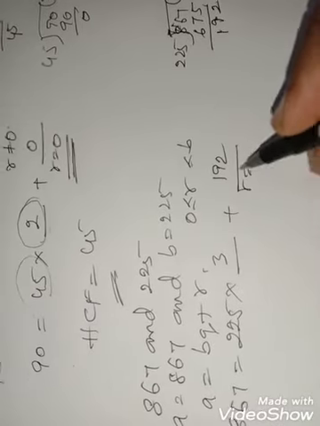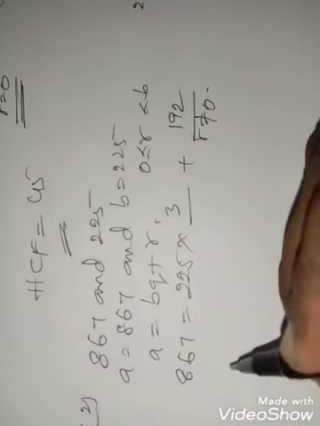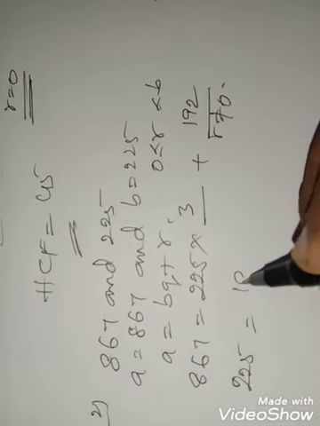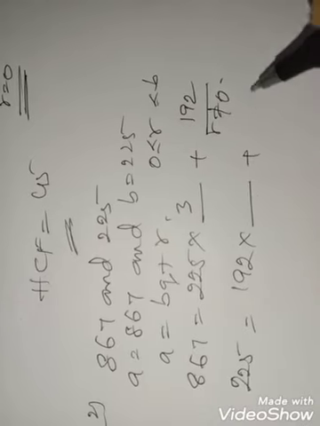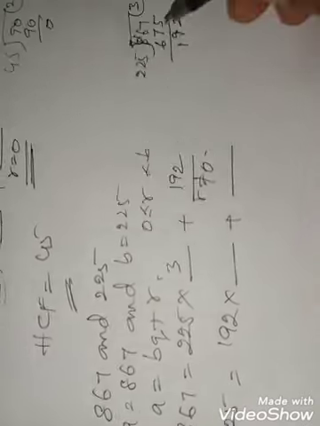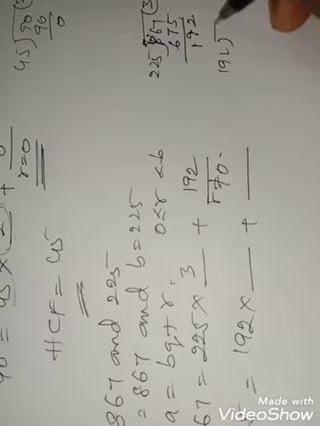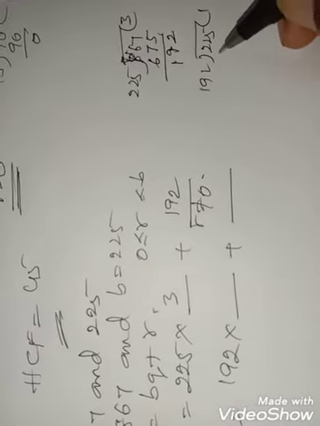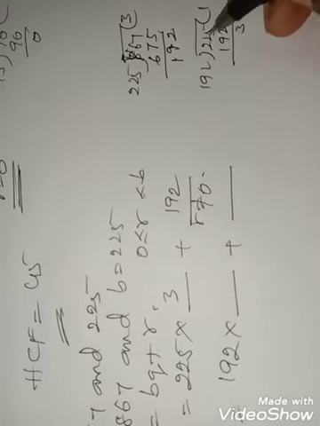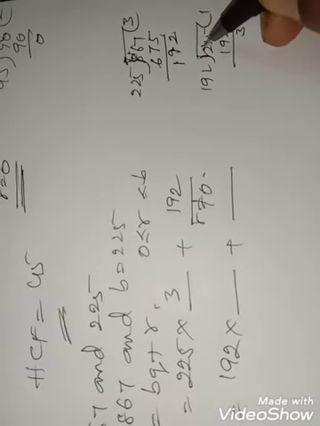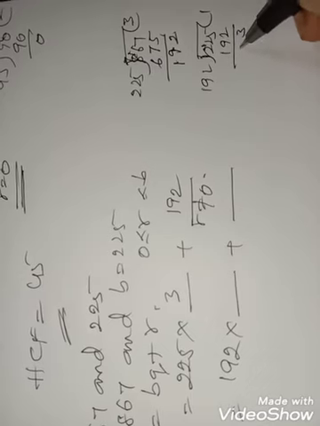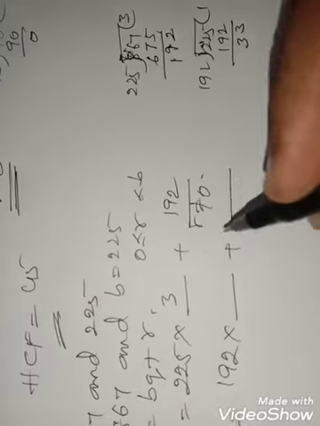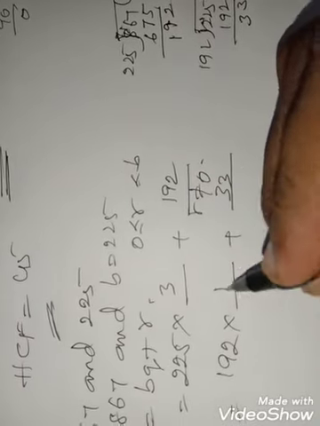Now again the remainder is not equal to 0. The second step is 225 is equal to 192 into quotient plus remainder. Now if I divide 225 by 192 and multiply with 1, you get 192, and the remainder is 33 and the quotient is 1.